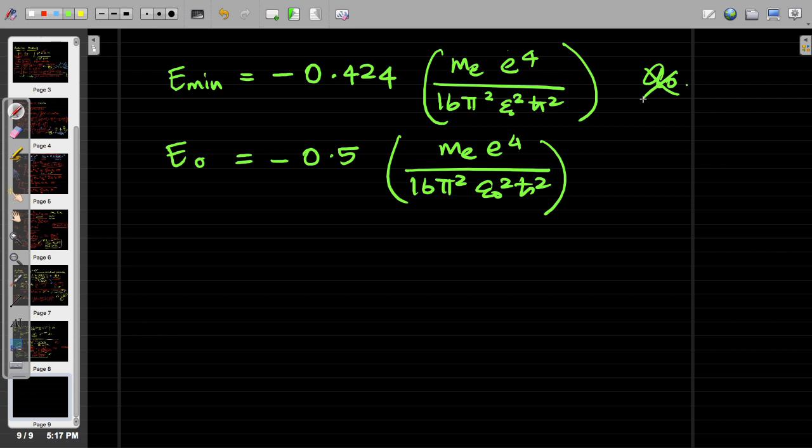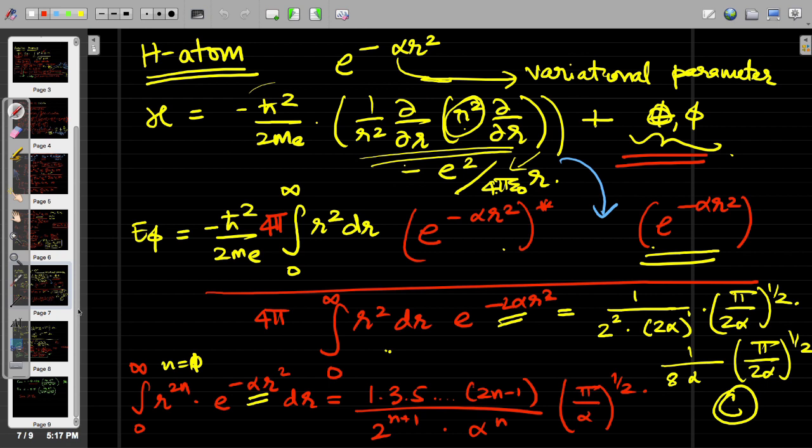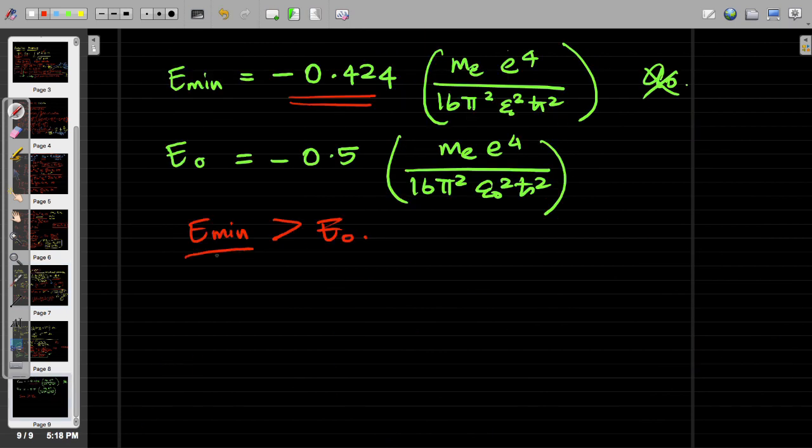Okay, so now once again you are able to appreciate the fact that the E min is greater than that of E naught. We are doing this because even without solving the hydrogen atom problem, by assuming a very simple function, we are able to already get very close to the ground state energy of this problem.